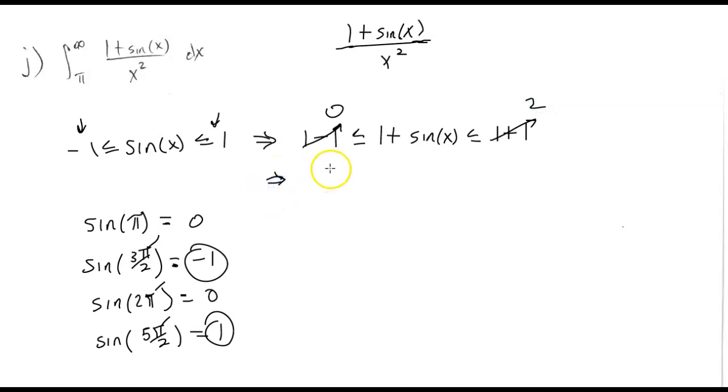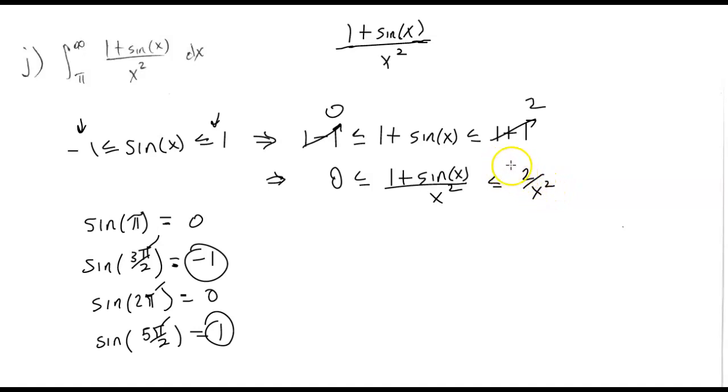So if I did 0 over x squared, I would have the situation where my integrand is going to have values that vary between 0 and 2 divided by x squared.